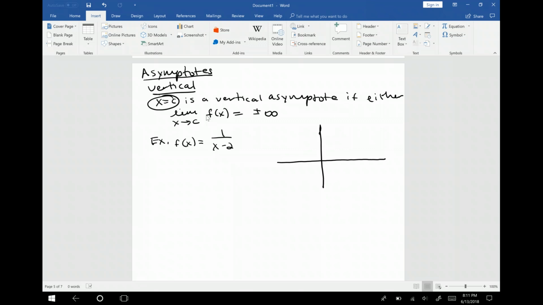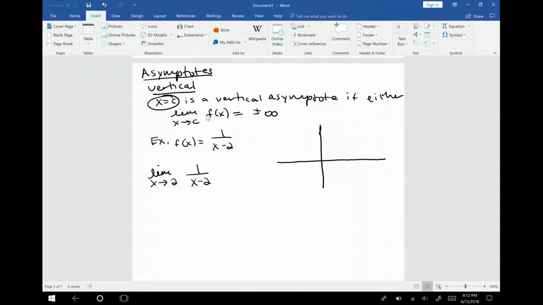But let me do it the calculus way first. The calculus way says limit as x goes to c, and here our c is going to be 2 because that's where our denominator is not defined. The denominator is not defined at 2. So I'm going to say the limit of the function 1 over x minus 2.